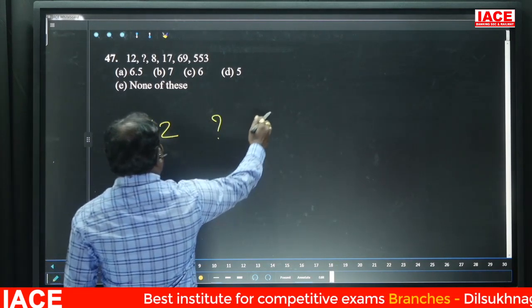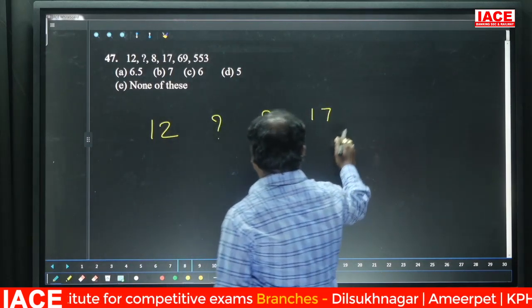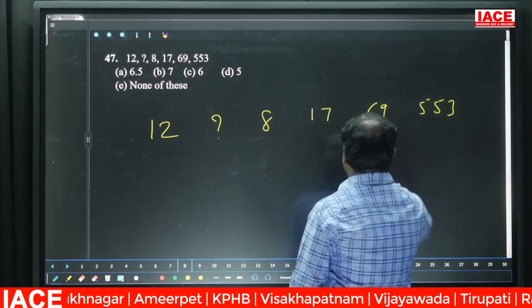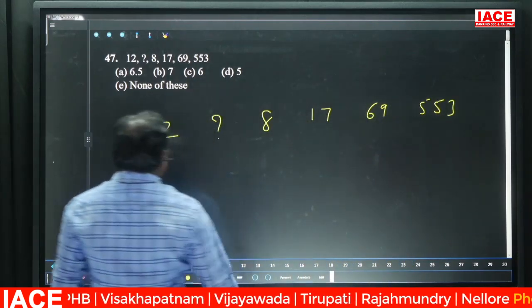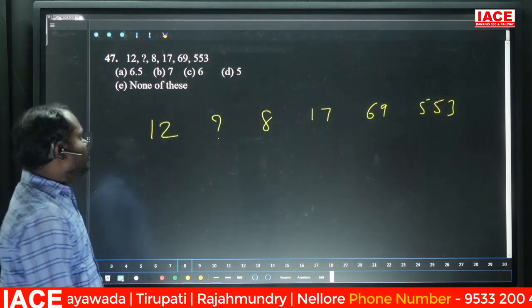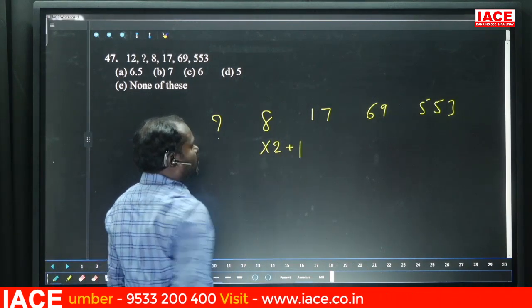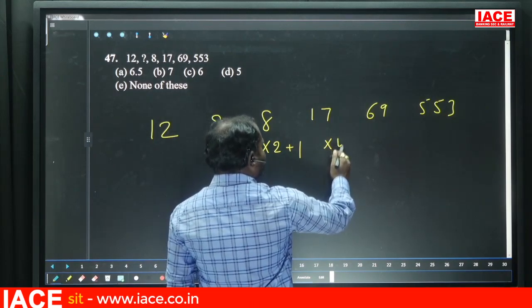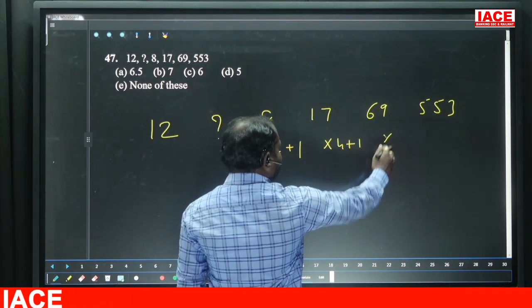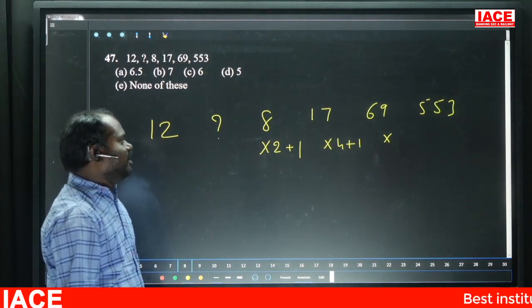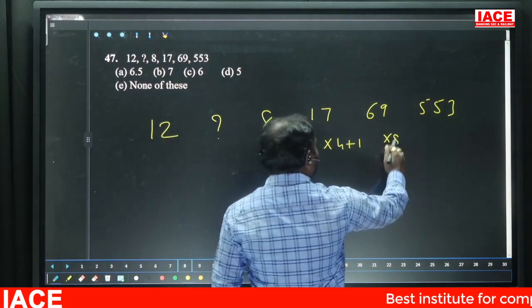12, question mark, 8, 17, 69, 553. Here by looking we get a simple idea. 8 into 2 plus 1, 17 into 4 plus 1, 69 is nearly 500, 8 times 480 plus 72, 550, 8 times plus 1.